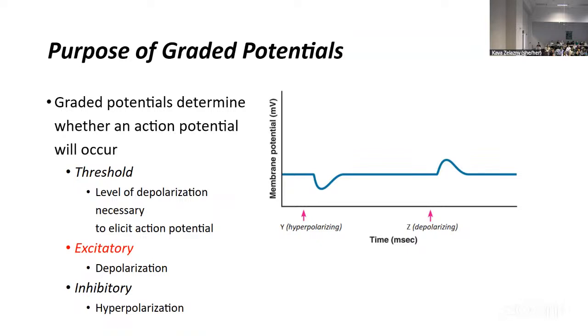So that's where our threshold comes in. I say deciding, that's how I think of it, but really the decision is a mathematical decision. We're thinking about, do we reach this threshold value, negative 55 millivolts, or do we not? If we reach our threshold of negative 55, we'll fire off an action potential.